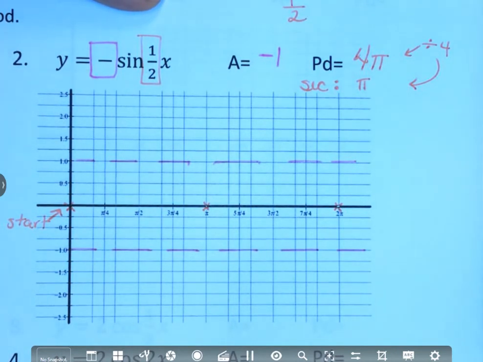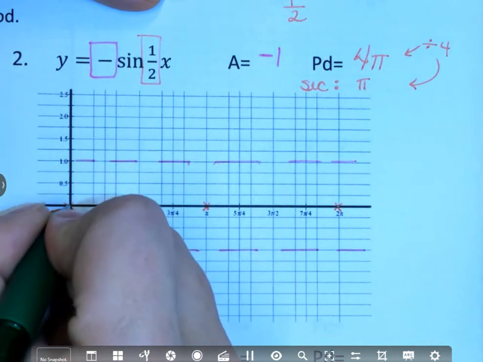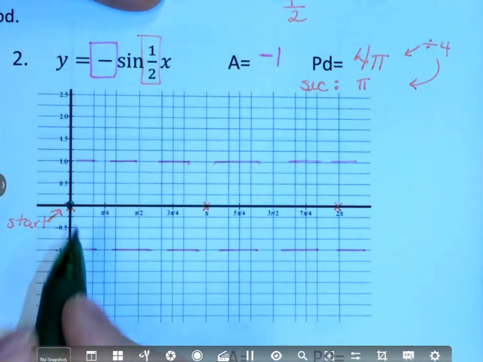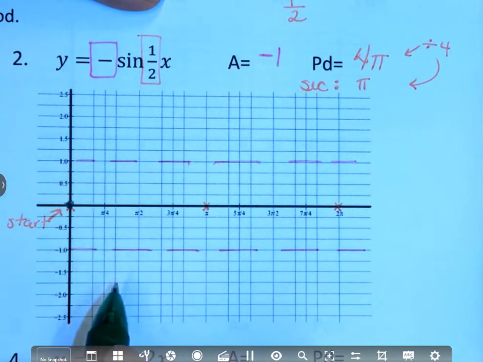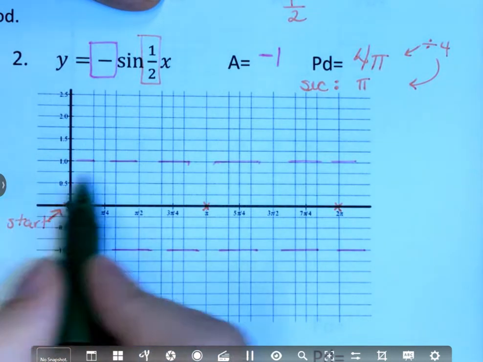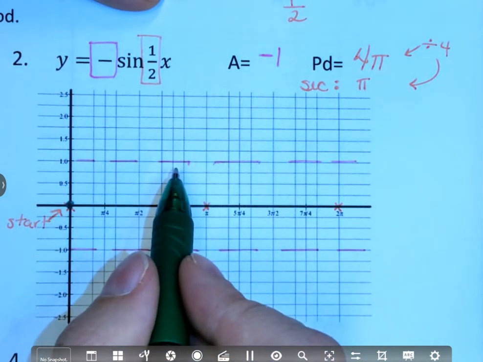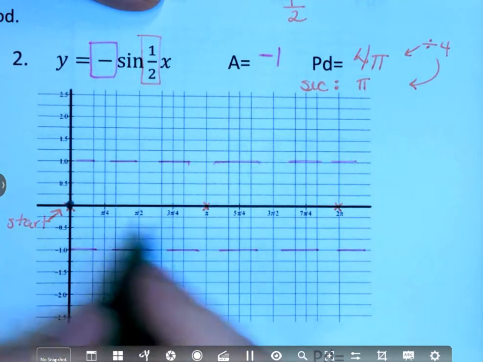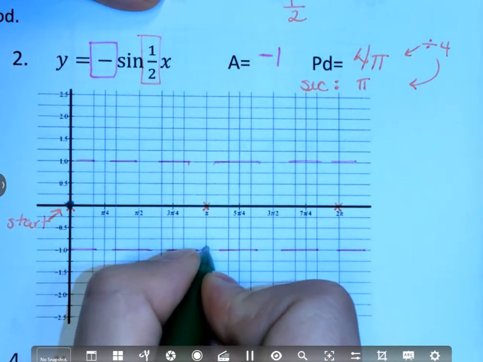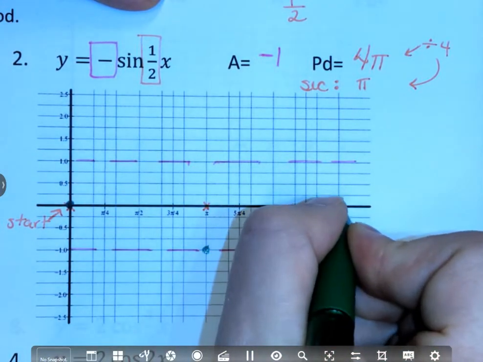Sine. Where does sine start? Top, middle, or bottom? Middle. Sine typically goes up or down. Up. What am I going to do? Why? Because it's negative. So it's here and then here.